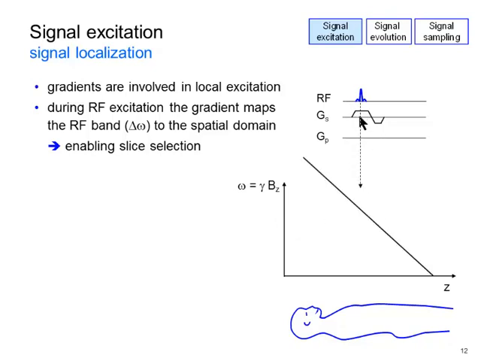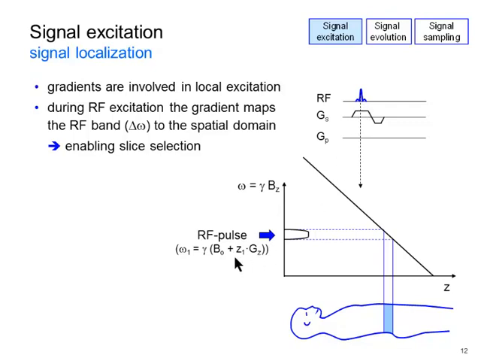If we move to this point in time where the gradient is switched on, the gradient field is linearly changing in space. The RF pulse, due to its modulation, has a certain band property. It allows only excitation within a certain band, and the gradient translates this excitation band into a slice thickness.